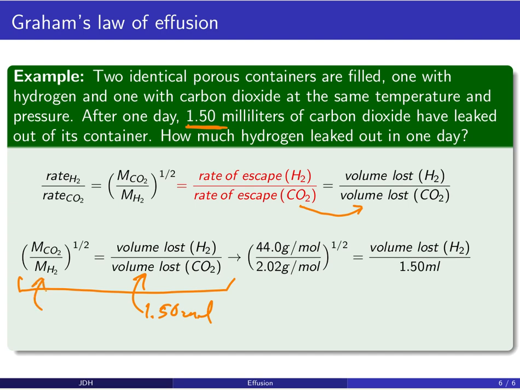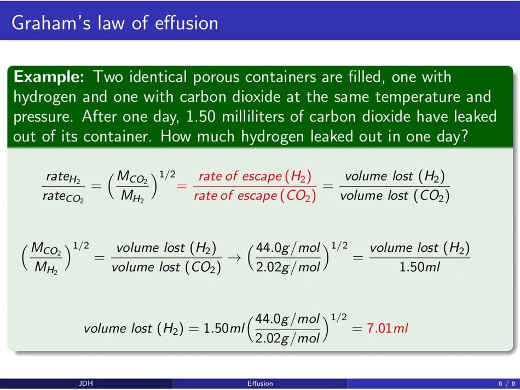We know the molar mass of CO2 and H2, so we can plug both of those in. We can plug in that volume, and then finally we can solve for the volume of lost H2 during the course of this 1 day. Basically move our 1.5 milliliters up to the left-hand side here, and we should come up with a value of 7.01 milliliters.